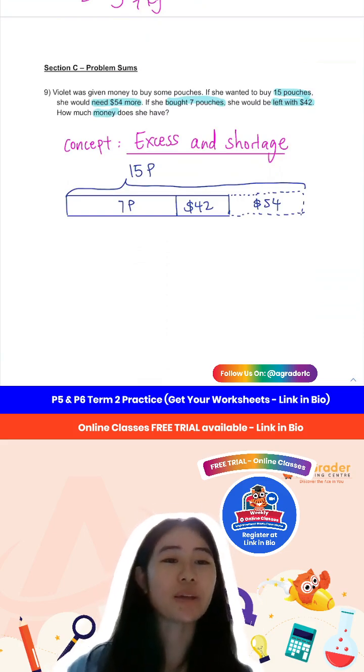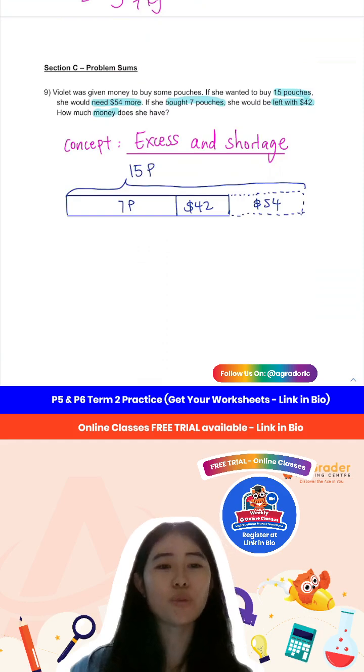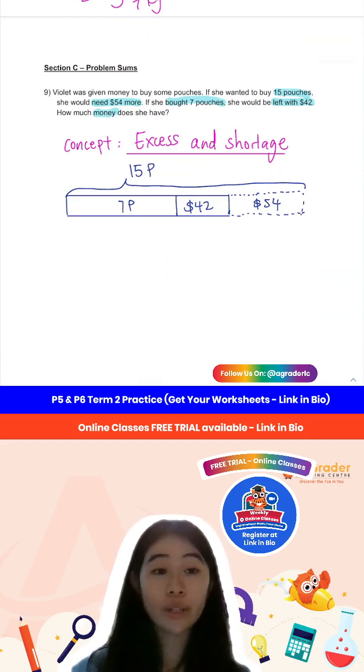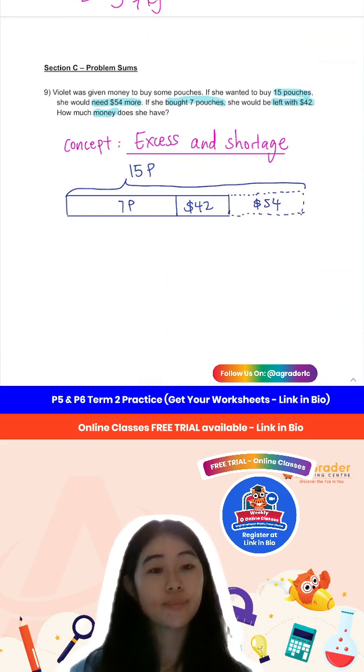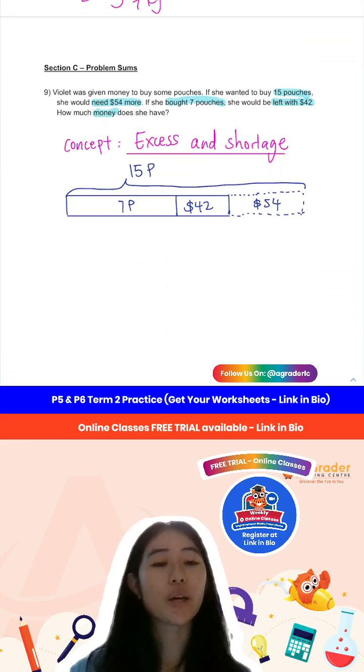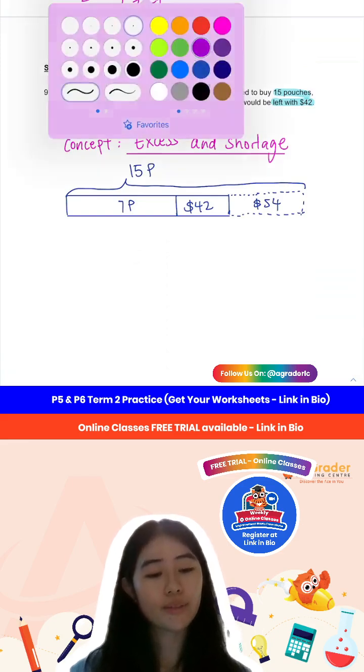I hope you are typing. Okay, Zil says 54 plus 42. Yeah, and then how many pouches does that represent? Zil, you're correct. So how many pouches does that represent?